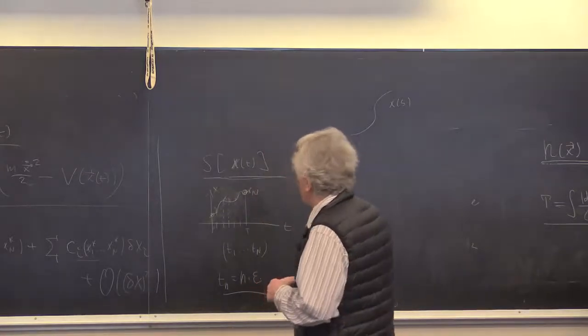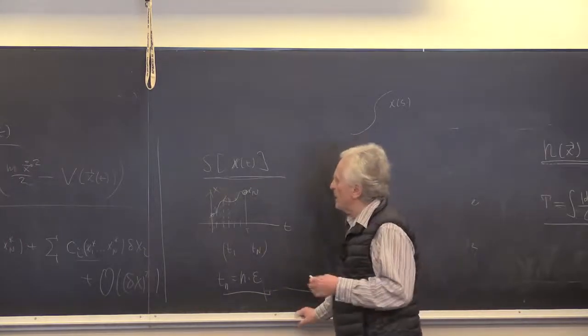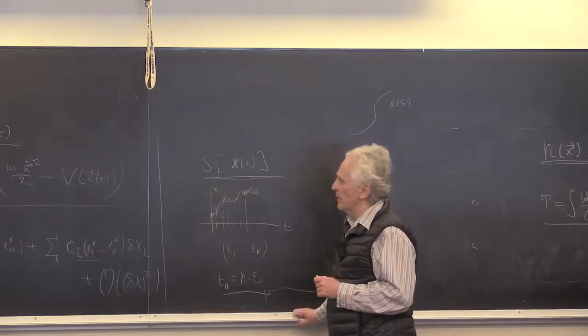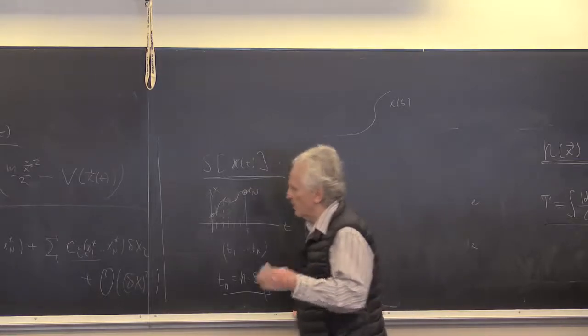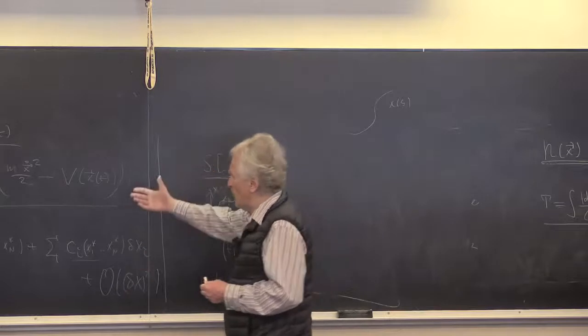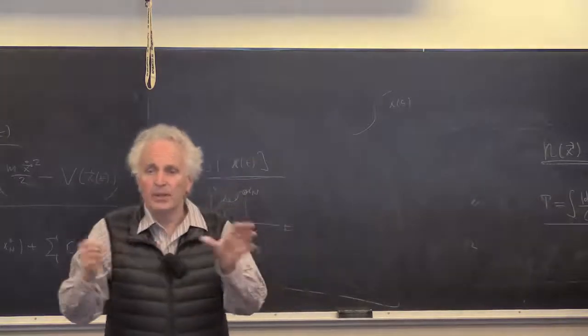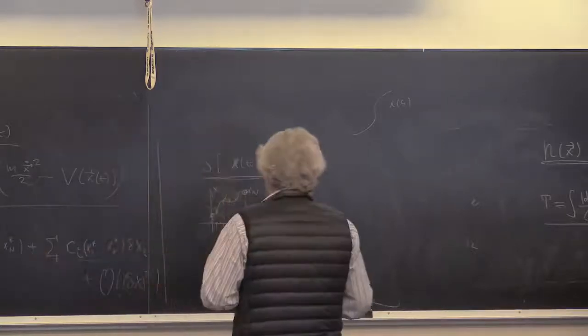This notion is most useful in quantum mechanics, but it's also useful in the theory of turbulence and so on. So when you have a functional, you can always visualize it as a limit of a function with very many variables.